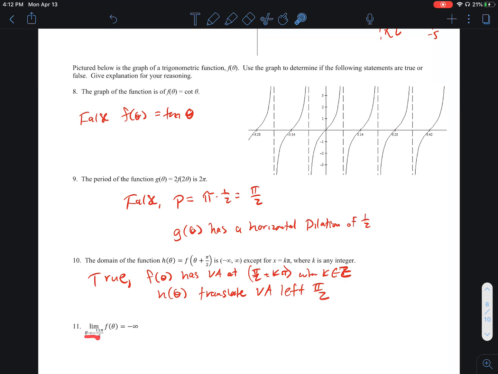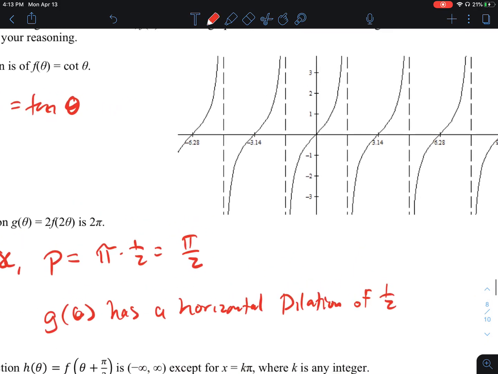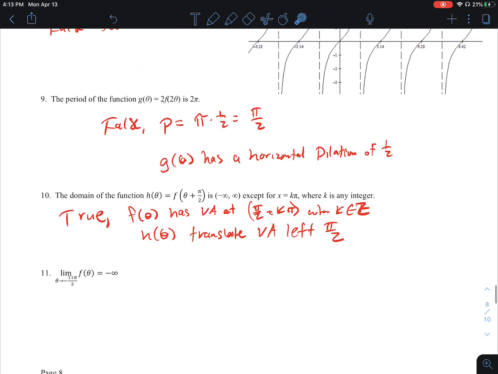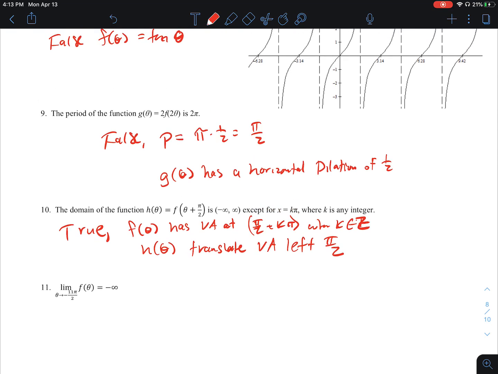11. This function that you see up here: as x approaches negative 11 pi over 2, then f of theta approaches negative infinity. So first of all, is there a vertical asymptote at negative 11 pi over 2? Well, let's see. Let me tell you why this can't be right. This is a two-sided limit.